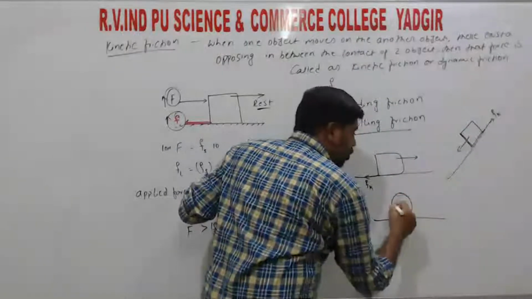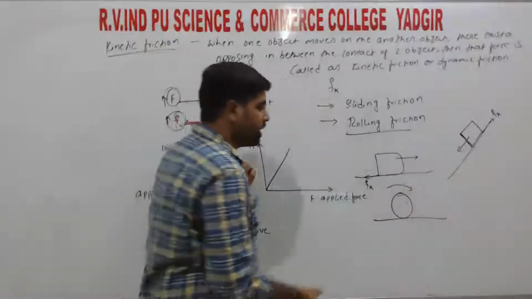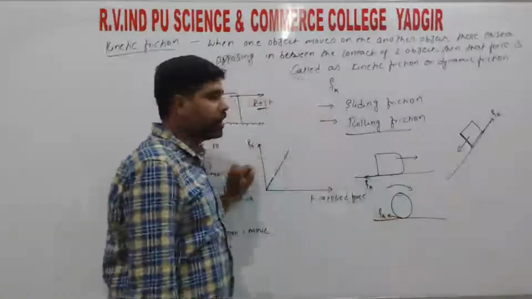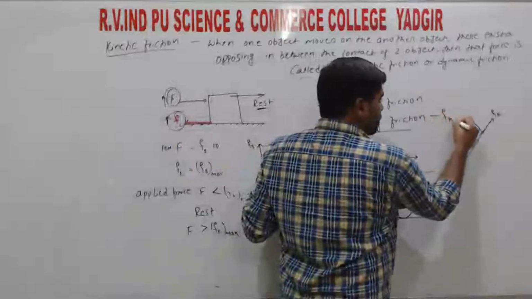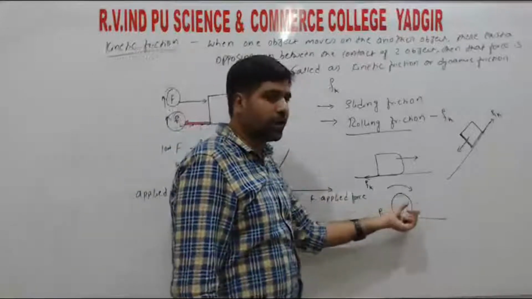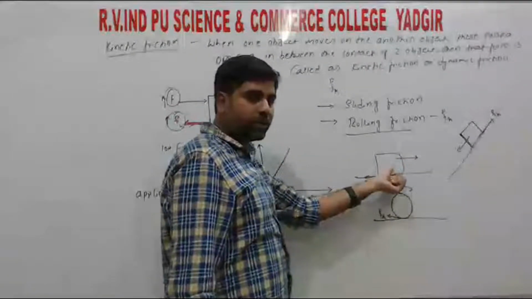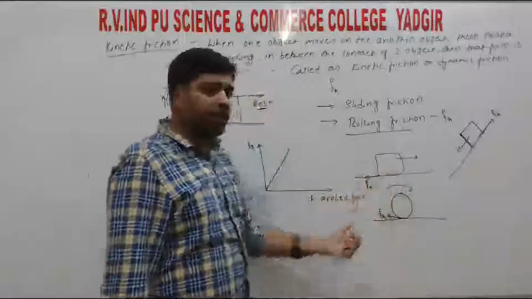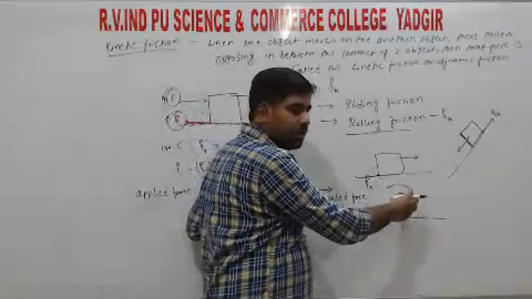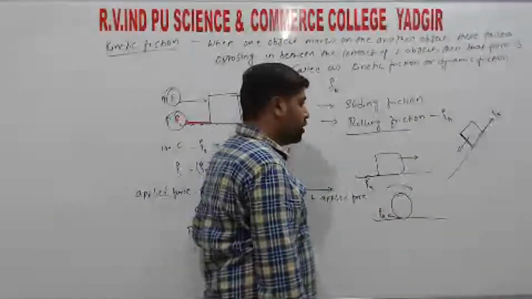When an object is rolling on another surface, that type of friction we call rolling friction, and it is denoted by F suffix R. R indicates rolling friction. It may be a circle that is rolling; the opposing force that exists is called rolling friction. A circular object does not slide, so mostly it rolls. Hence there exists a friction that we call rolling friction, right?